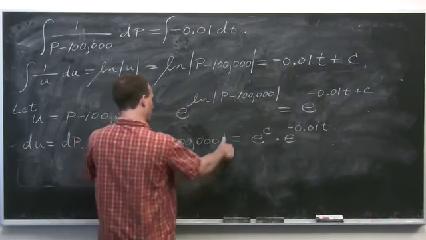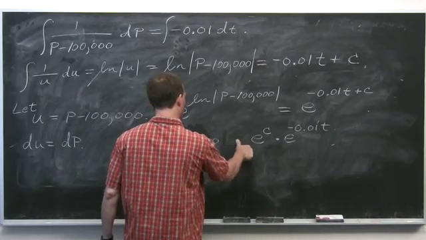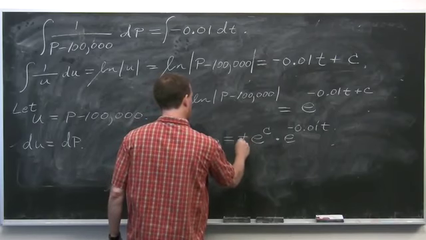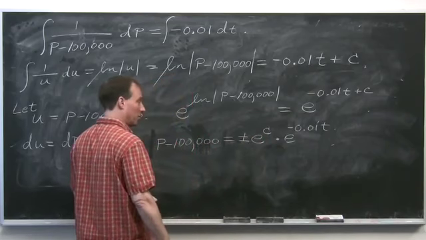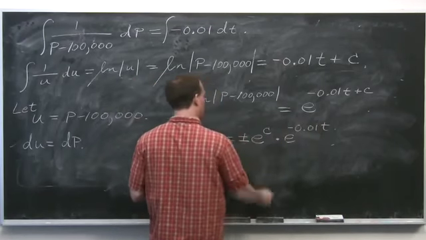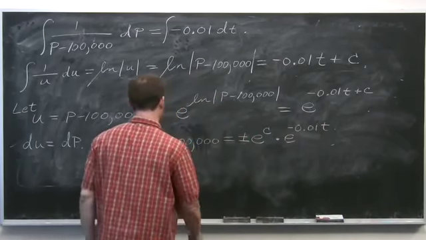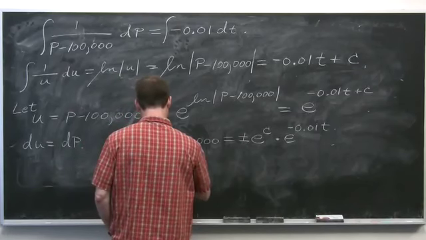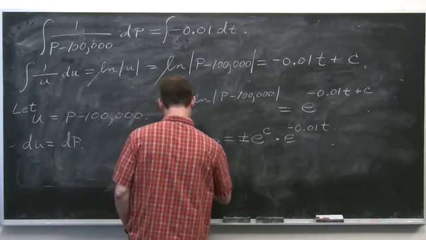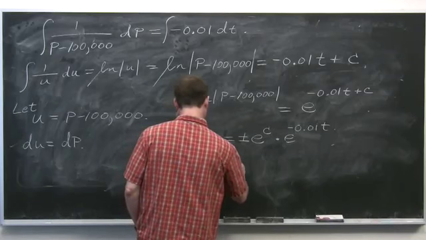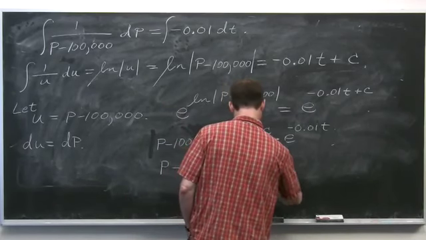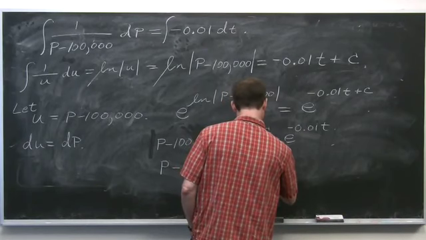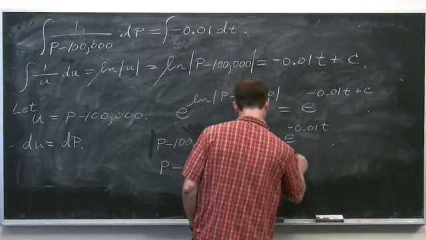We don't like the absolute value signs. We can eliminate those, but we have to insert a plus or minus sign. But e to the C is a positive constant, and plus or minus that is a positive or negative constant. I'll just call it B. We get this equals B e to the minus 0.01t.